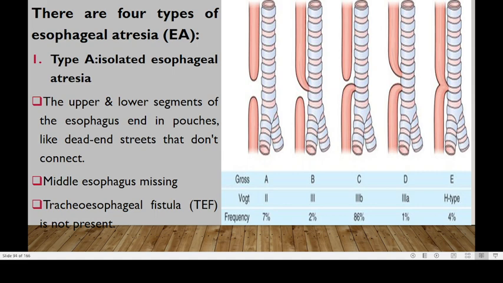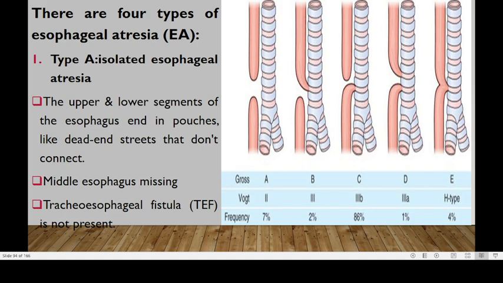So we have different types of esophageal atresia: type A, type B, type C, type D, and type E. Type C is the most common type. In type A, we have isolated esophageal atresia.